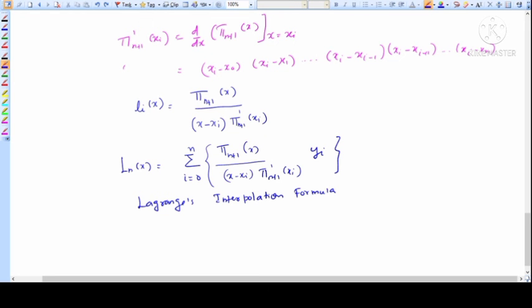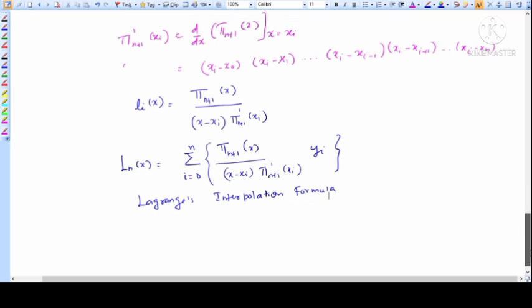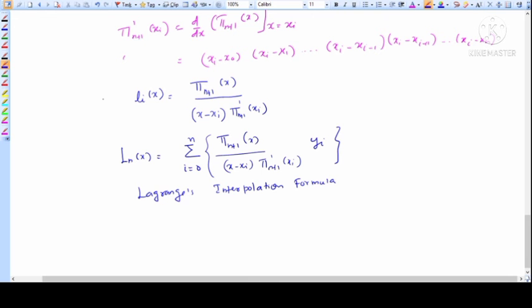And Li of x is called the interpolation coefficients.